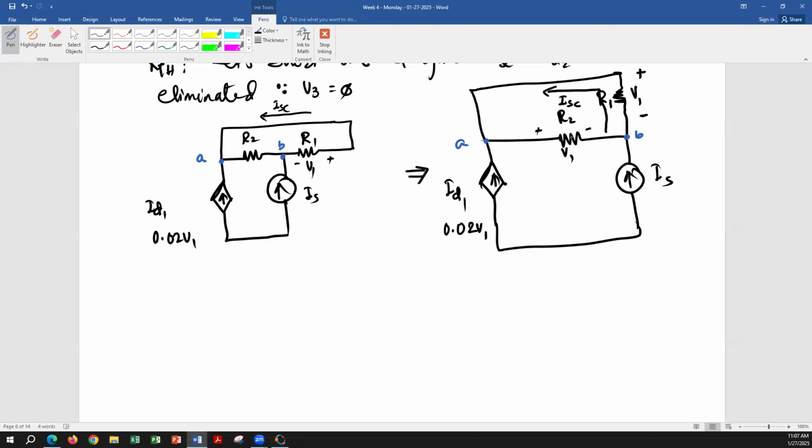All right, who is going to tell me what should we do? Yeah, the current is going to be divided in the two resistors, whatever the current is flowing, because we can take the equivalent of those two resistors. The voltage V1 is going to be the same voltage across the two resistors.